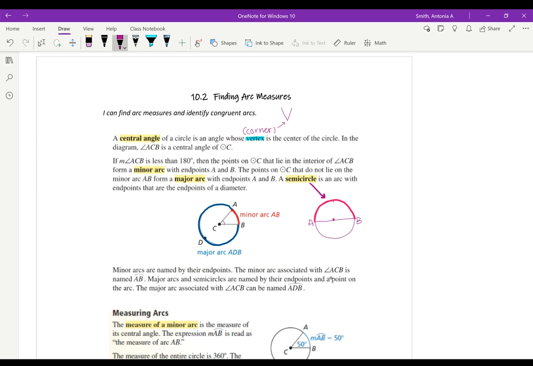A major arc associated with angle ACB can be named ADB. So one way to remember is minor arcs use 2 letters. Major arcs use 3. And semicircles use 3.